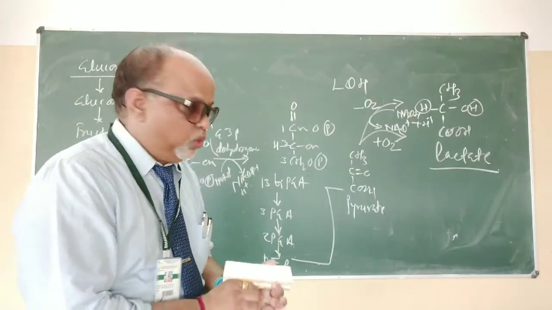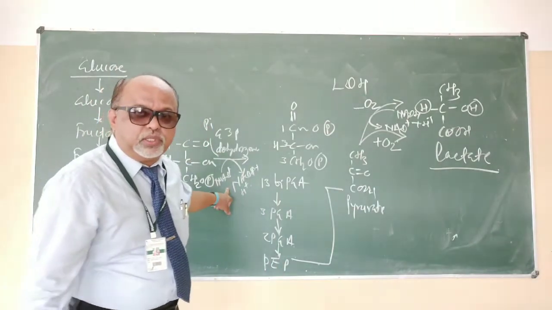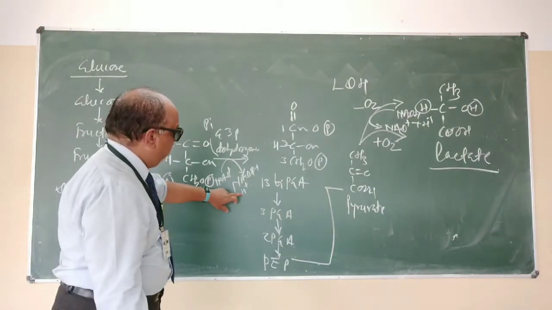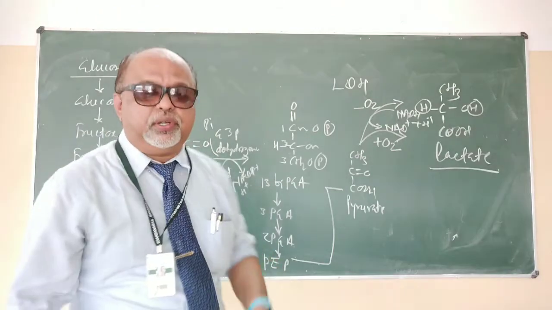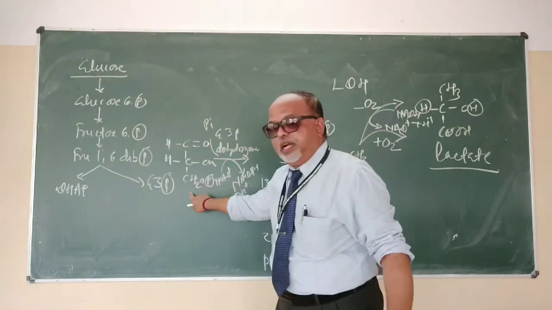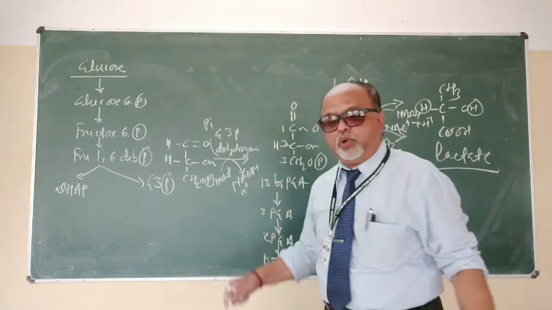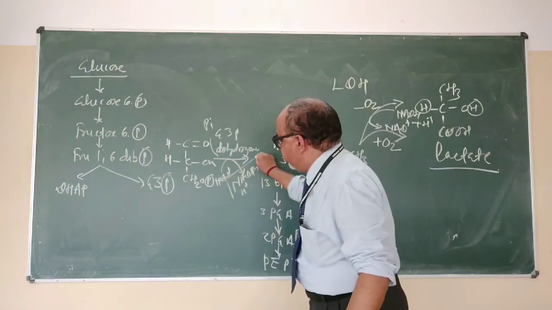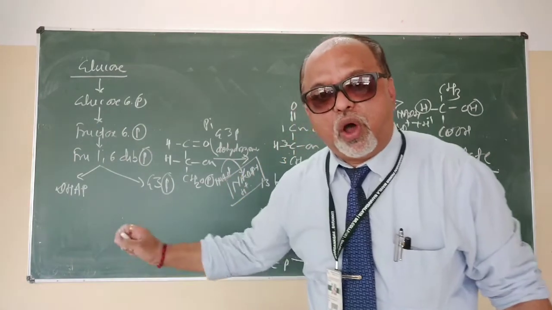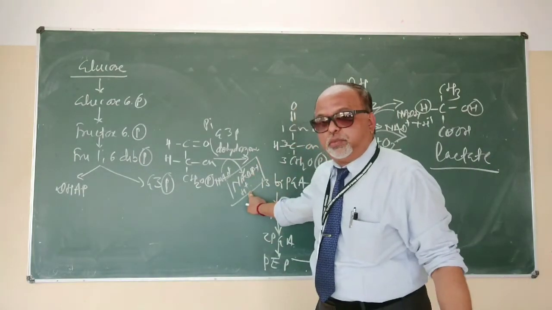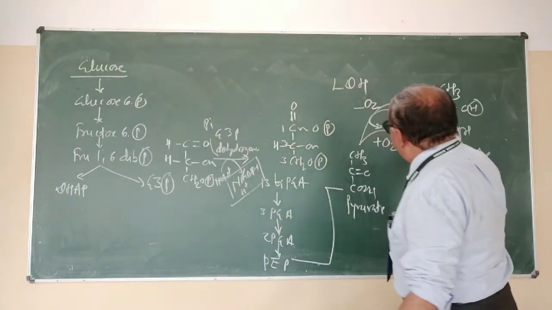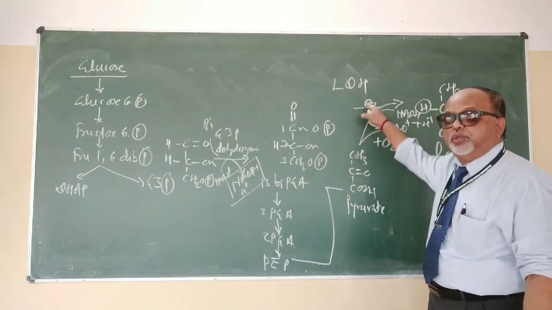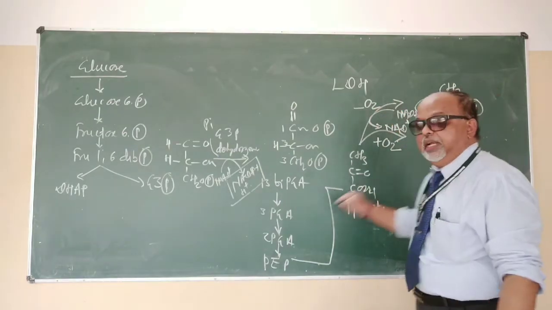During the oxidation of glyceraldehyde 3-phosphate into 1,3-bisphosphoglycerate, the NADH plus H plus that is formed can be used in the last reaction, where pyruvic acid enters the fermentation pathway and is converted to lactate.